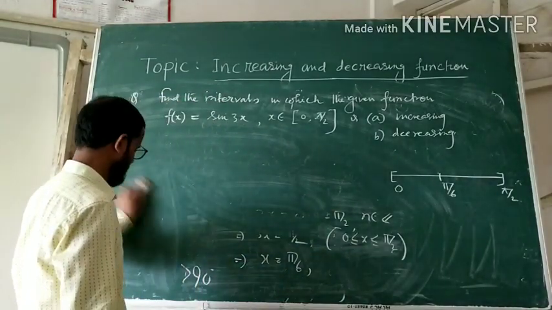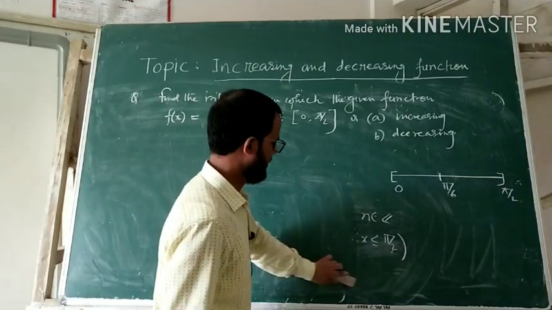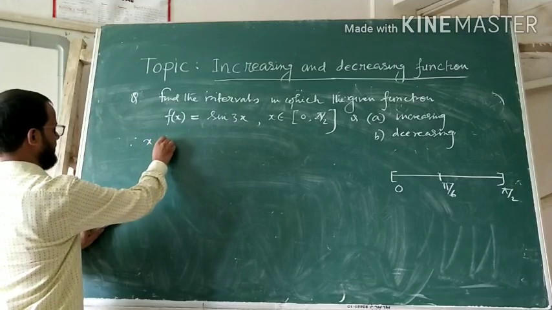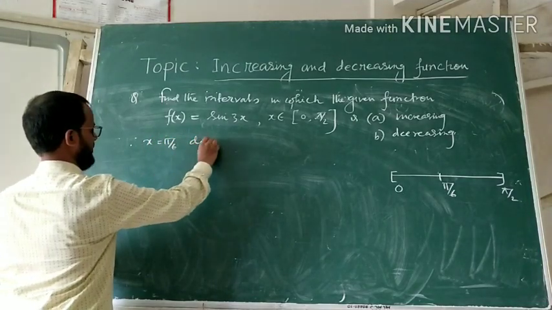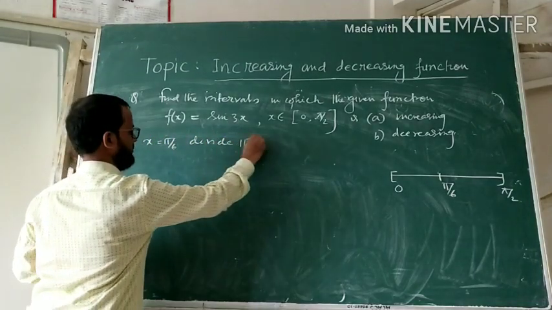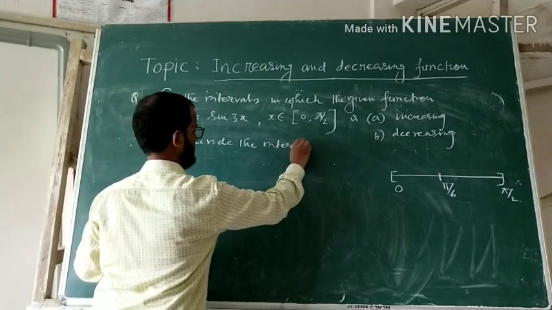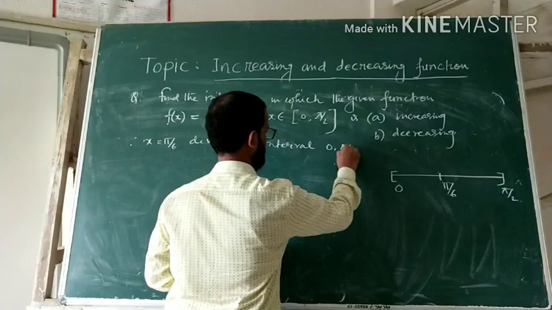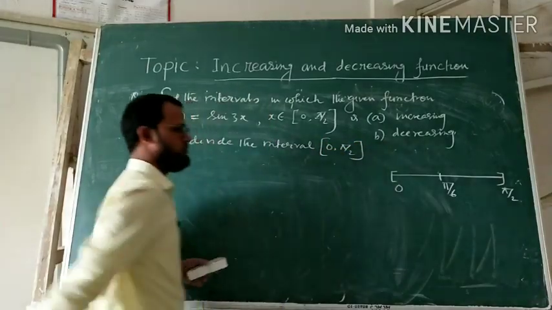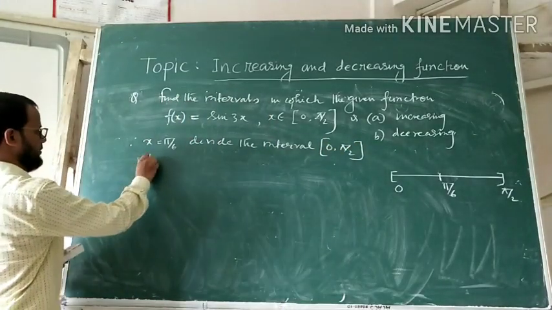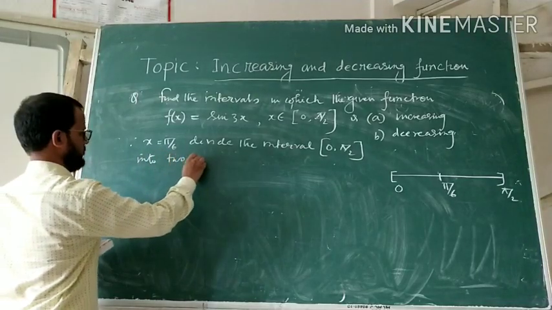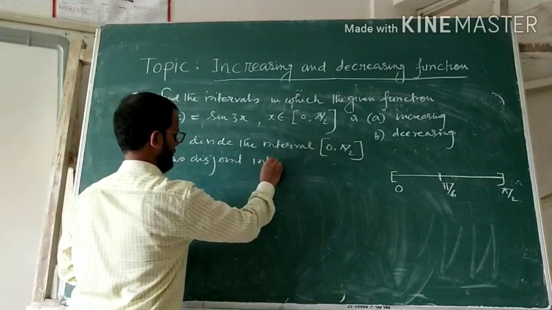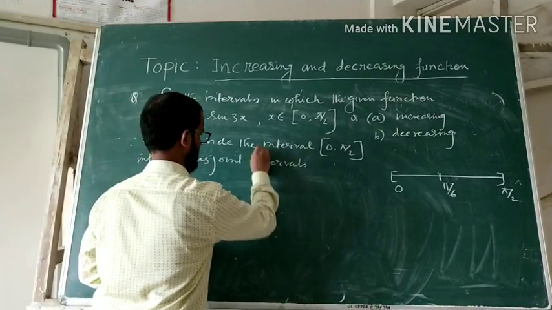So you can write x is equal to pi by 6 divides the interval 0 to pi by 2 into 2 disjoint intervals.